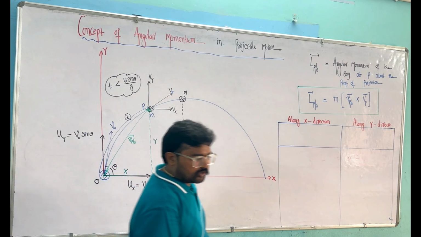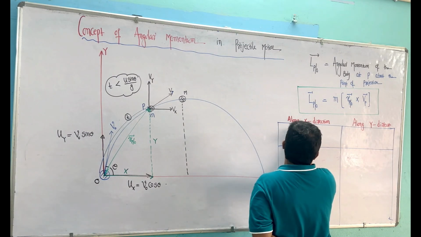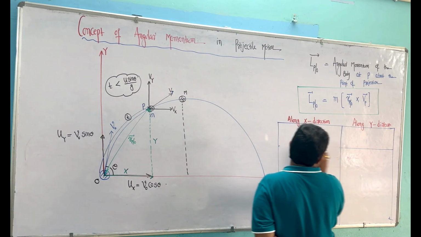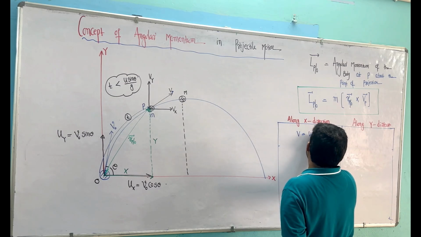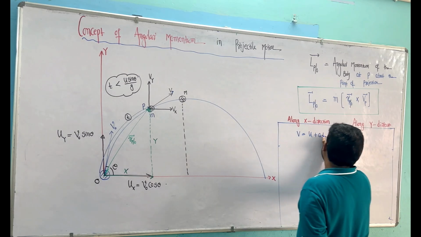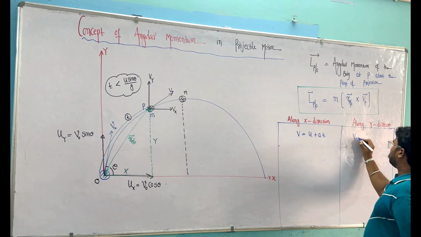Clear? Now tell me, Vx is equal to how much? V equals U plus AT.